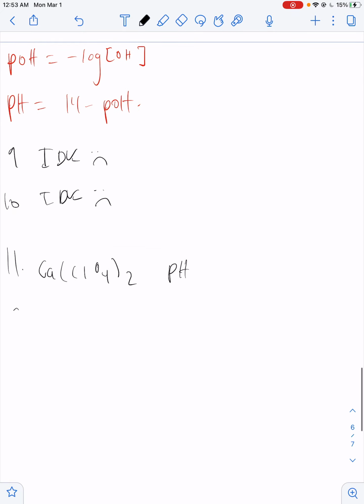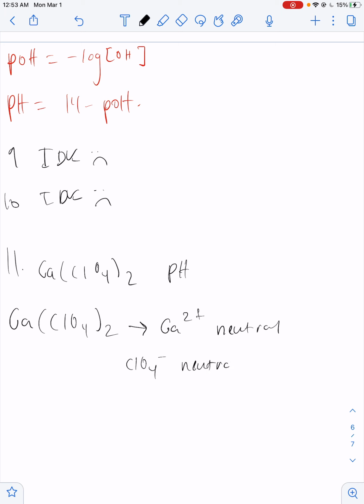So CaClO4 is going to dissociate into Ca2+, which is neutral, and it's going to dissociate into ClO4-, which is also neutral. Since both are neutral, the pH is going to be 7.00, because pH of 7 is neutral.